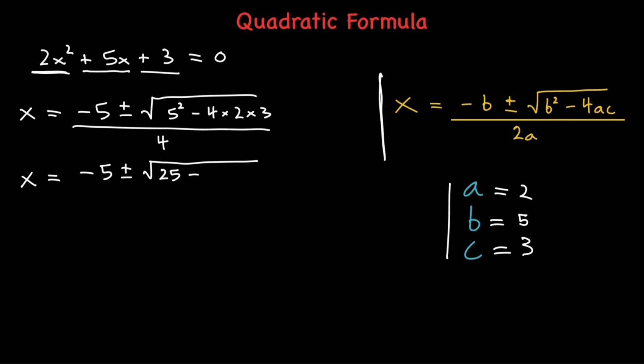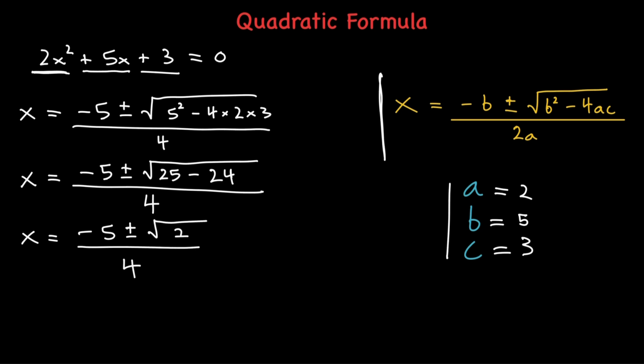So 25 minus 24 over 4. That equals minus 5 plus or minus the square root of 1 over 4. And we know that the square root of 1 is just simply 1. So we can leave this as minus 5 plus or minus 1 on 4.